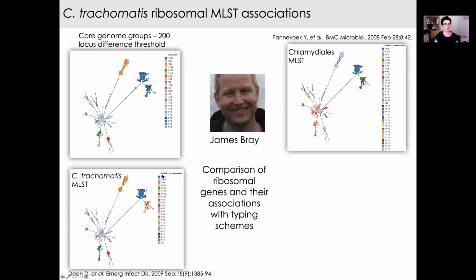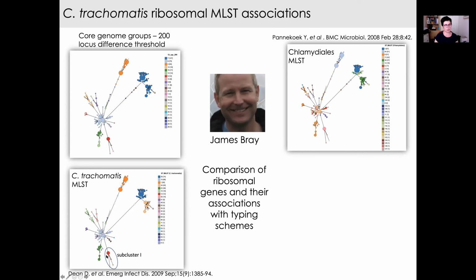So you can see this time, it's labelled by ST MLST for Chlamydia trachomatis. So these ones here are ST39. And you can see a high level of congruence between ribosomal MLST allelic profiles and your 7 locus MLST sequence types as well. These are also associated with their particular clusters as defined in Deborah's paper.